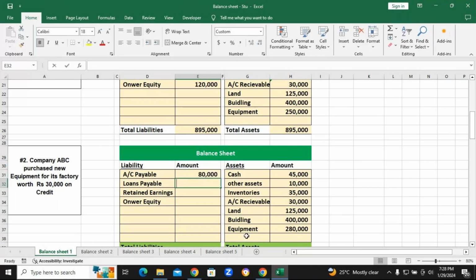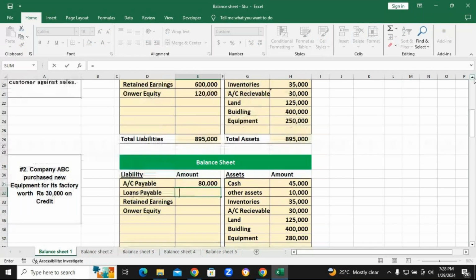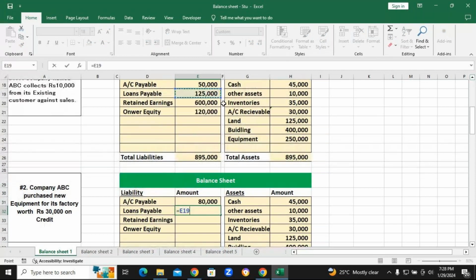Plus loans payable, and retained earnings 6 lakh, equals owner's equity 1,20,000.